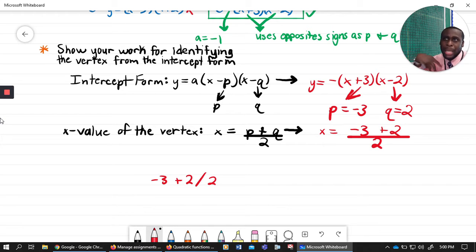Why? Because your scientific or graphing calculator uses order of operations, PEMDAS. It's going to do the dividing first, meaning 2 divided by 2, and that gives you 1. Then it's going to do the adding, and it's going to say -3 plus 1.